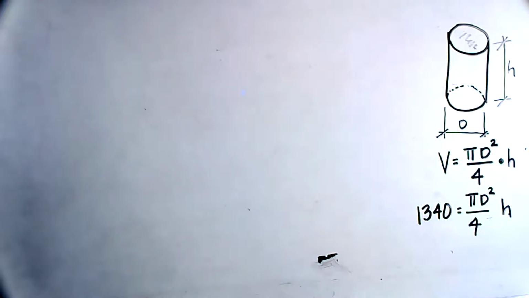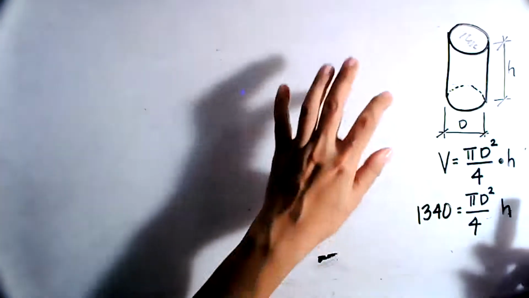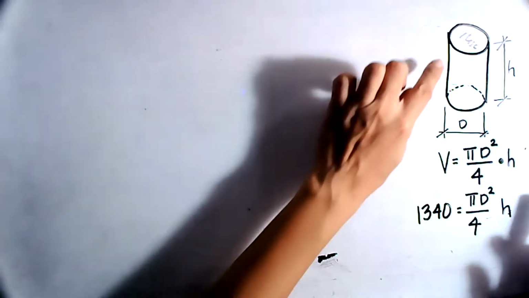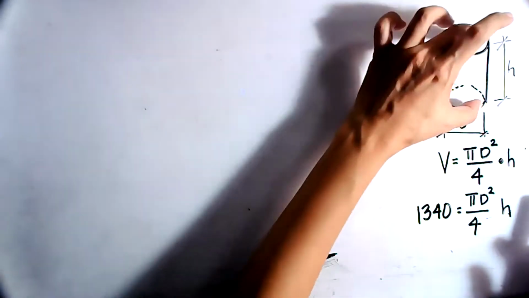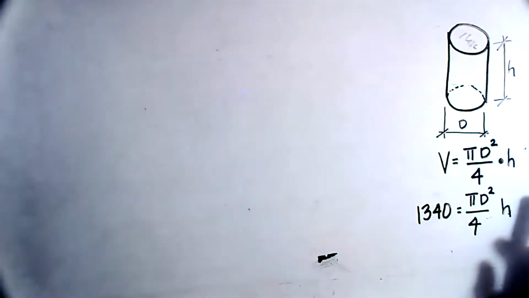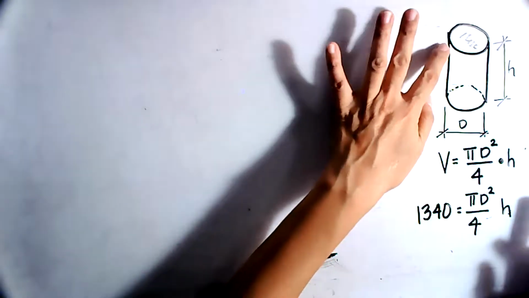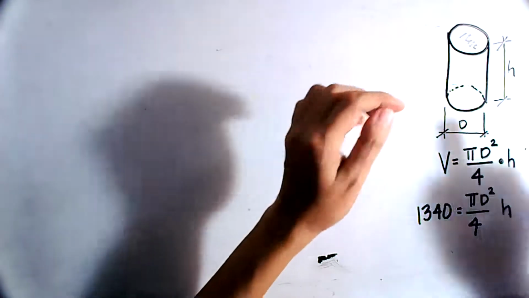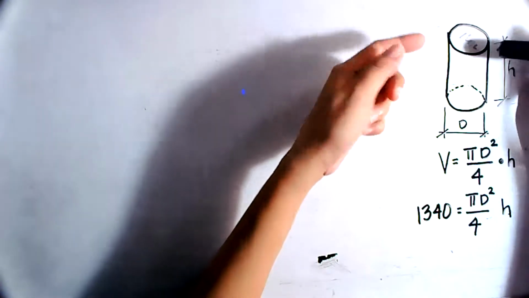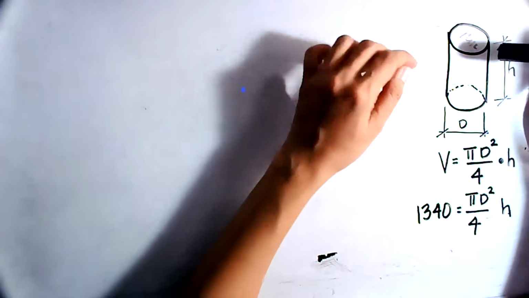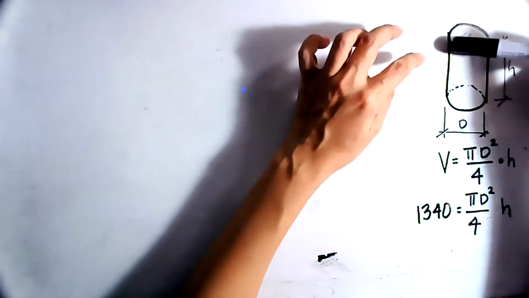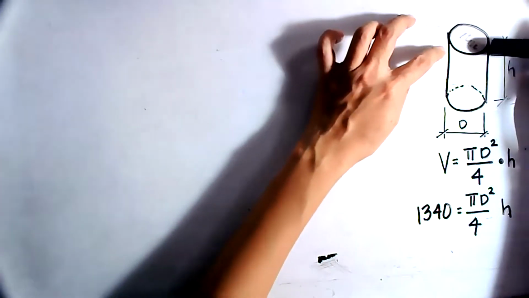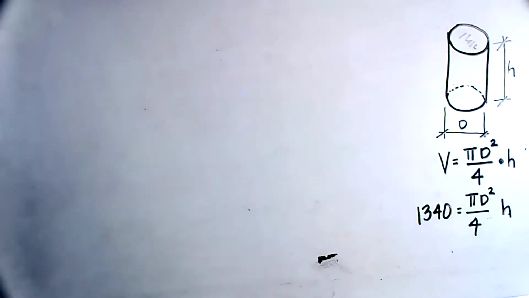So the minimum area should be the area of this cylindrical section. The area will be the lateral area and the area of the bases. Remember that this is a cylindrical boiler, so the section is cylindrical also. That means you have to determine the area of the bases first, plus you add the lateral area.